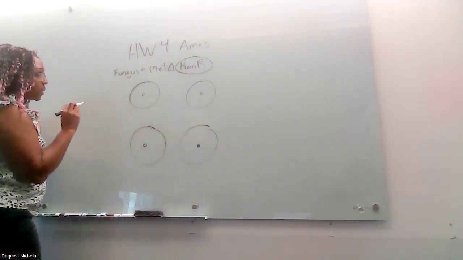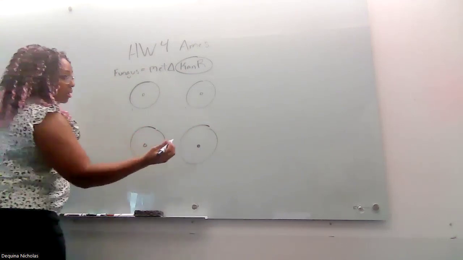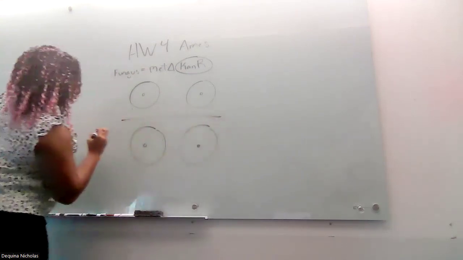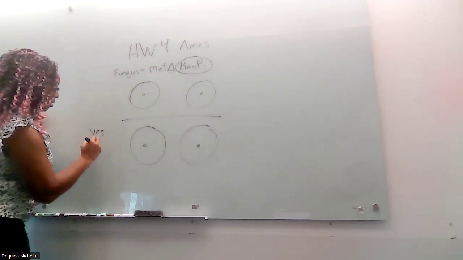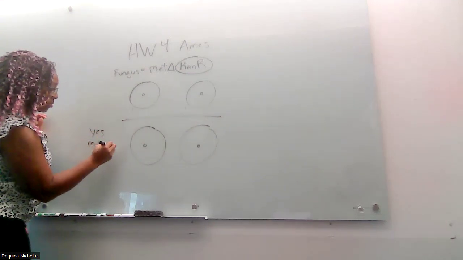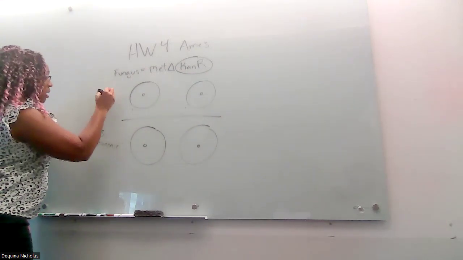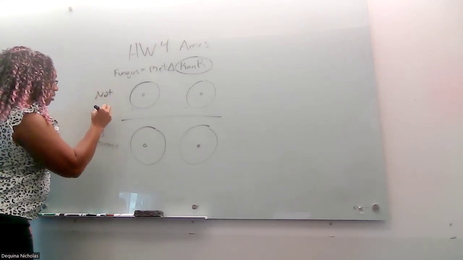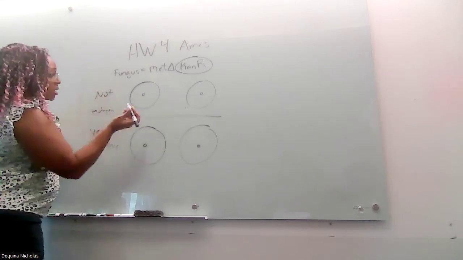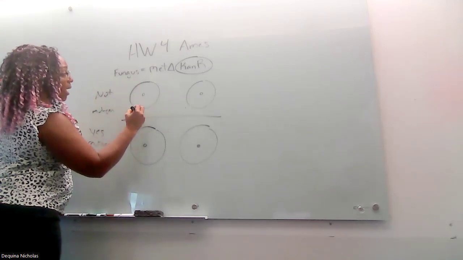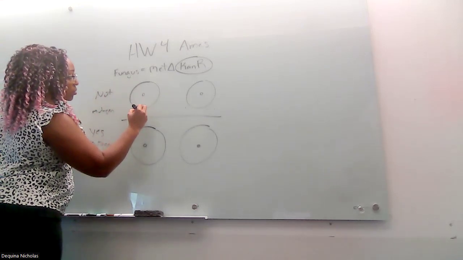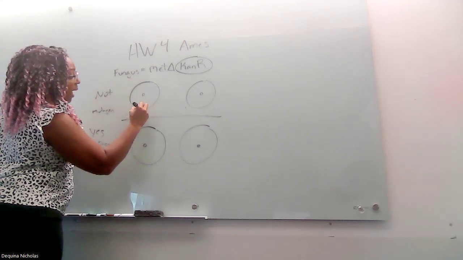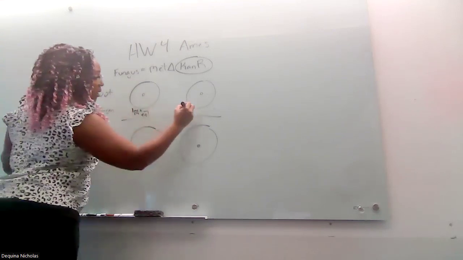And then let's say the bottom half is if it's yes mutagenic. The top is if it's not mutagenic. We know that everything is going to be lacking methionine.